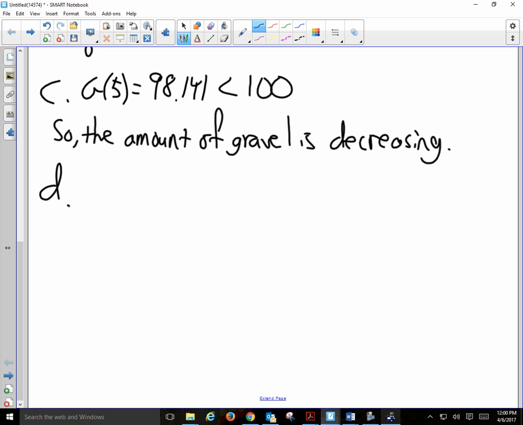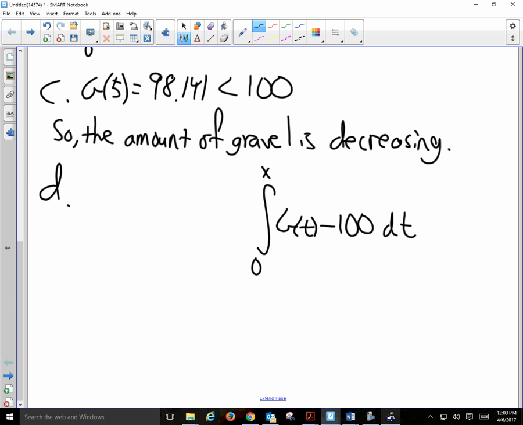As long as they're bringing in more gravel than they're processing, the amount's going up, right? So wouldn't it be nice to know when the amount of gravel that they're bringing in, minus how much they are processing, minus 100, would be nice to know when that's equal to 0.